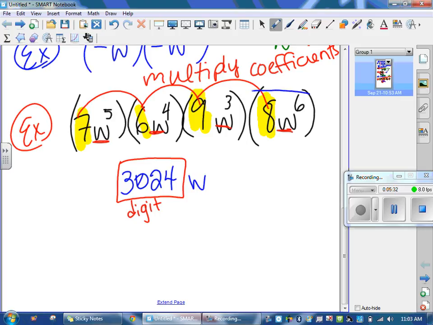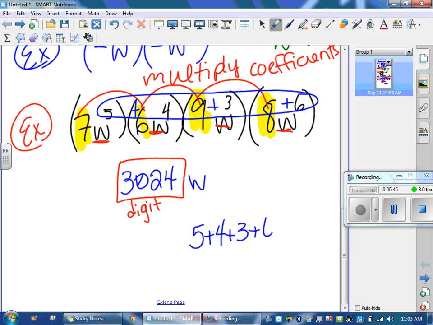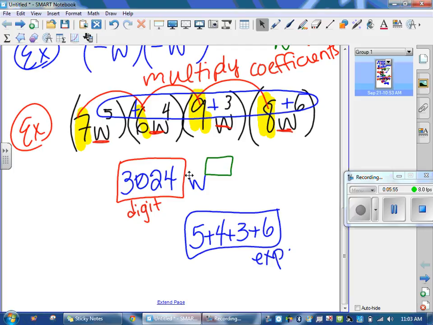And now we're going to add all those exponents. 5 plus 4 plus 3 plus 6. Those are all my exponents I'm adding. And that answer is going to go on top in the exponent part on the W. So how big is that exponent? Good, 18. Perfect.